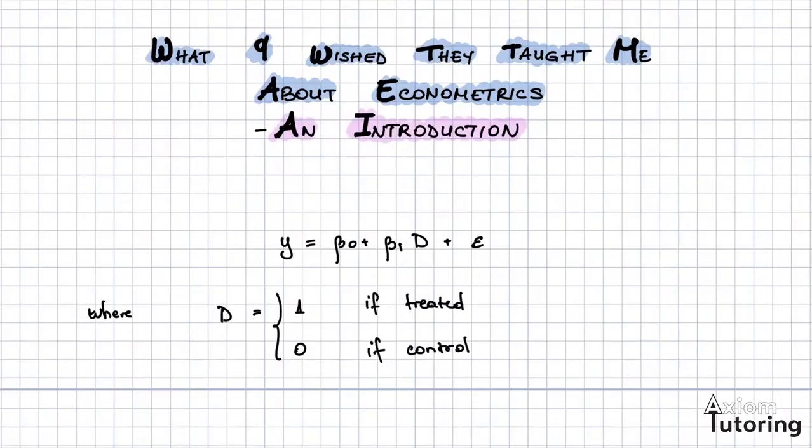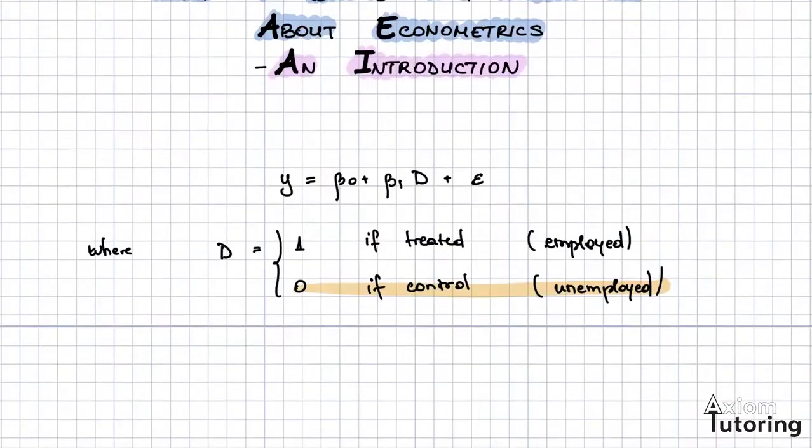In the previous examples we've seen, I've used 1 if employed, and 0 if unemployed, which means that my base group in here is the unemployed group. So let's compute the expected values by group.